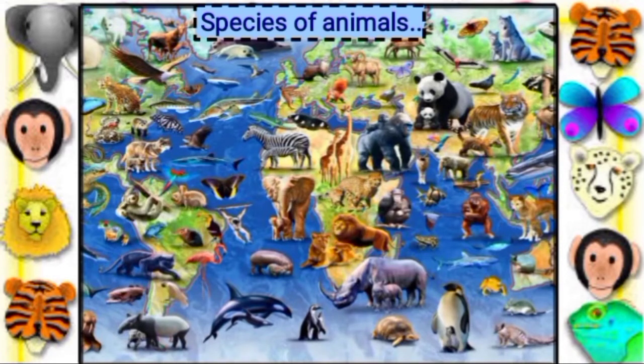Even animals live in Antarctica, so we can say that animals can live in many different places in the world because they have special adaptations or features suited to the area they live in.